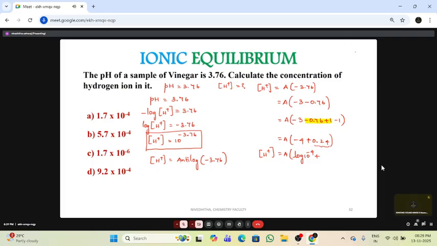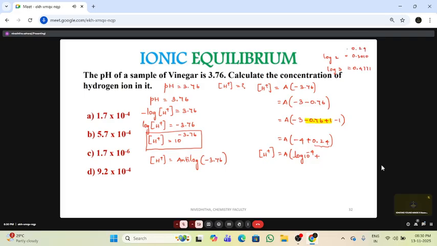Listen, if the value is 0.3010, if I have to write 0.3010 in terms of log, I'll write it as log 2, right? Similarly, if the value is 0.4771, I can write it as log 3. Here, the value is 0.24. Where will 0.24 come?